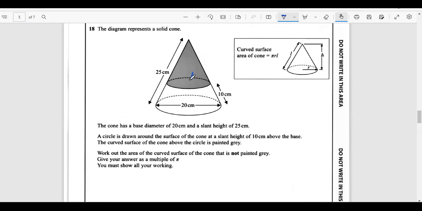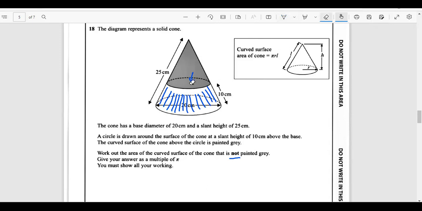The curved surface of the cone above the circle is painted gray. Work out the area of the curved surface of the cone that is not painted gray. So you need to find this surface area, right?